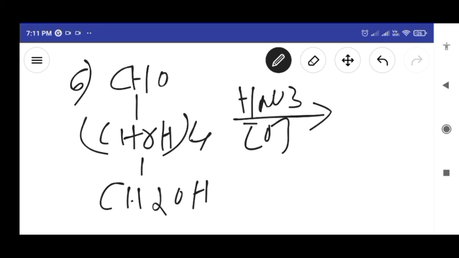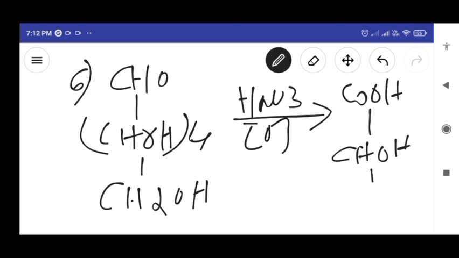it gives a compound with two carboxylic acid groups.